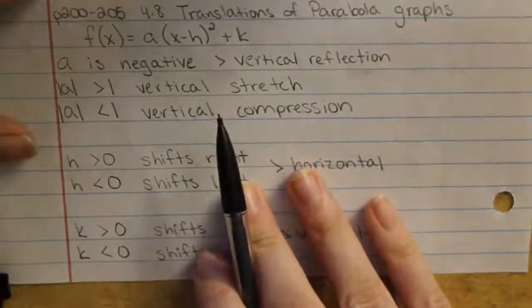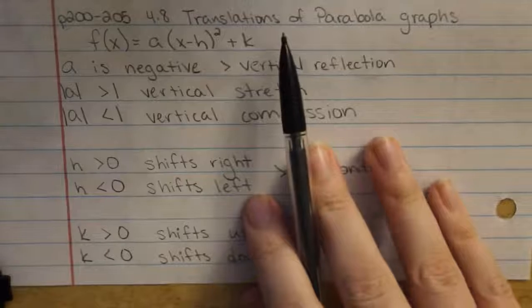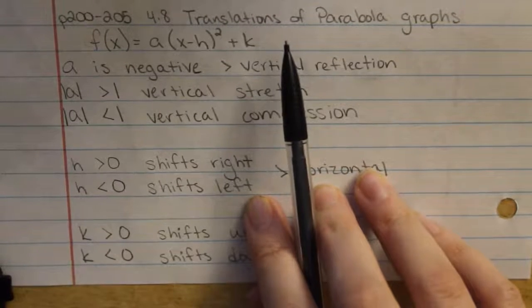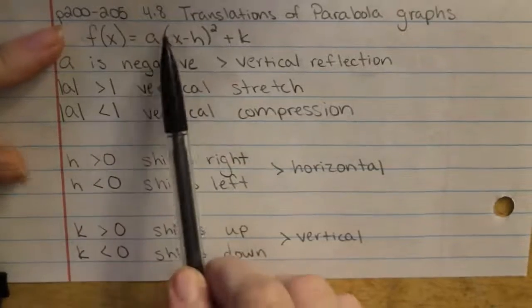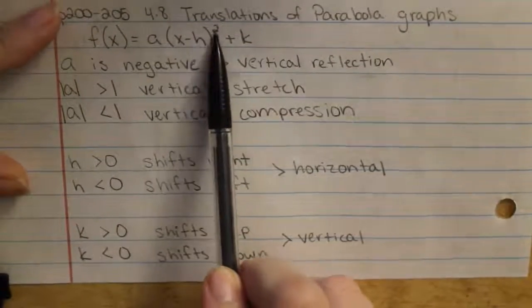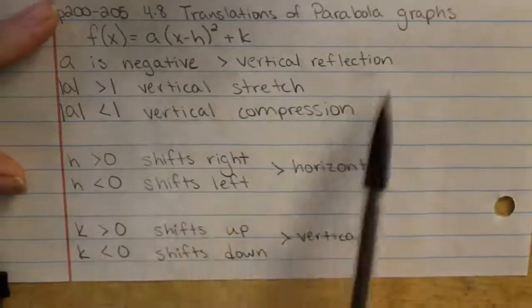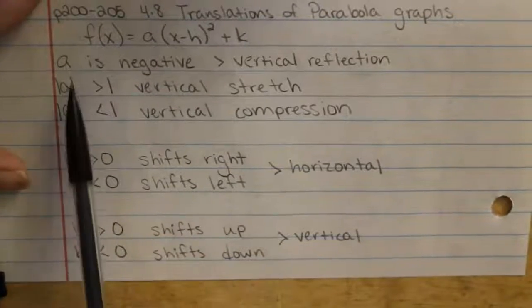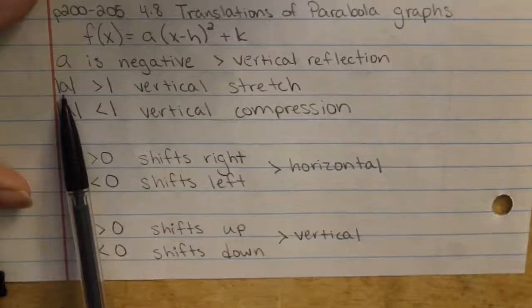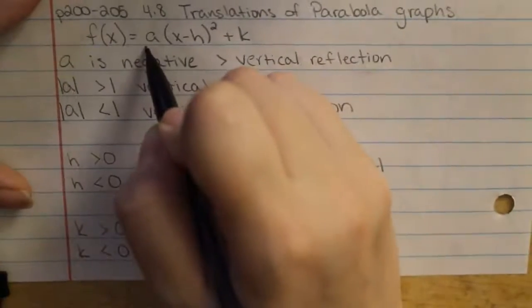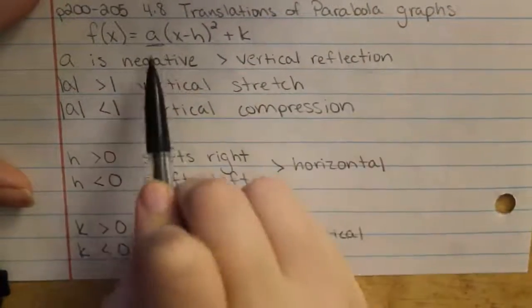Okay. And our final section is talking about translations of parabola graphs. So I have here an entire example of a problem. So I have a times x minus h squared plus k. So what I have here is a little cheat sheet. So I have, if a is negative, it's a vertical reflection. If the absolute value of a, so again, we're looking right here for right now, this first 3 is just over a.